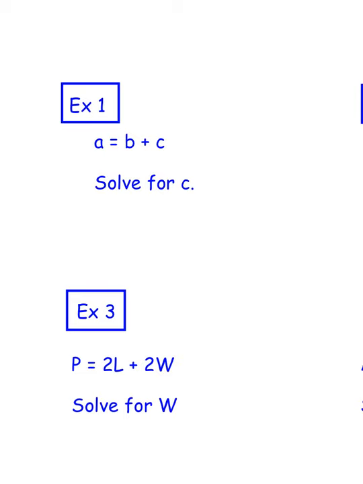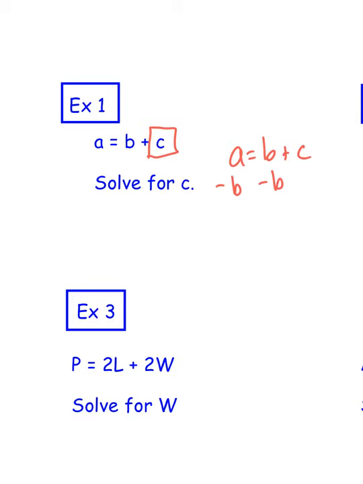If we have A equals B plus C, and we want to solve it for C, that means that we want to get C all by itself. And to do that, we need to get rid of everything else on that side of the equal sign. So I'm just going to rewrite this. A equals B plus C. Since C is being added to B, we are going to get rid of that plus B on the right.